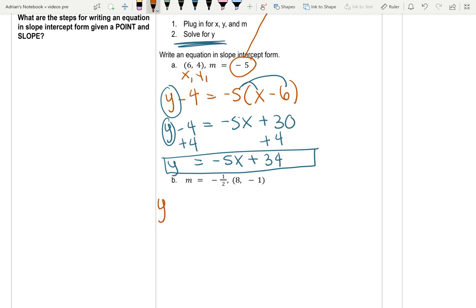So I have y, and then instead of minus 1, this is going to be plus 1, equals, and then negative 1/2, and then in parentheses, x minus 8. So just like I did last time, let's distribute. So I have y plus 1 equals negative 1/2 x plus 4.